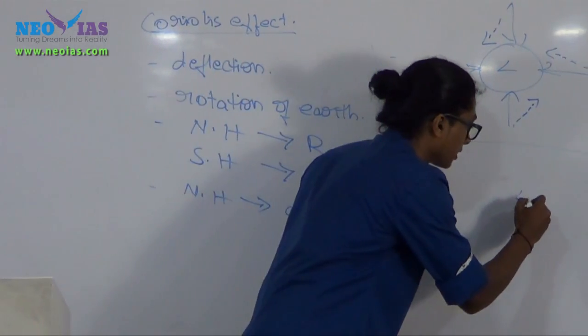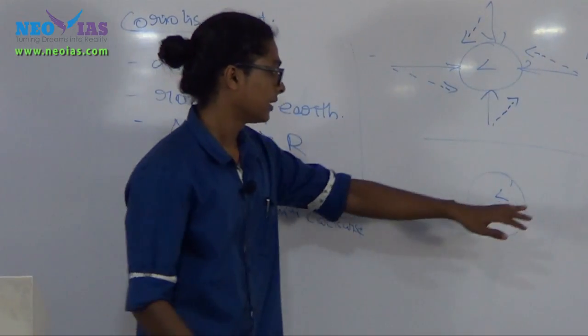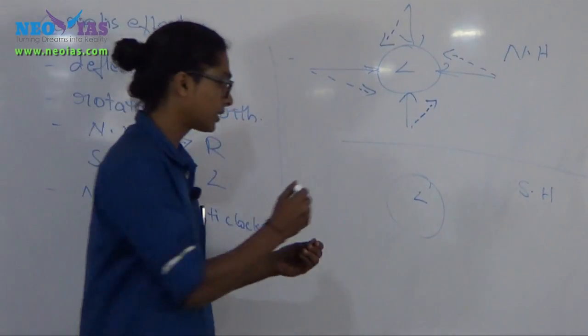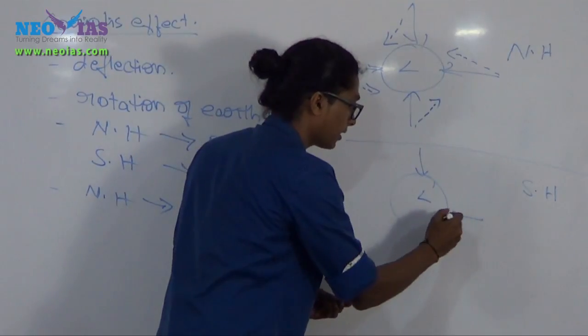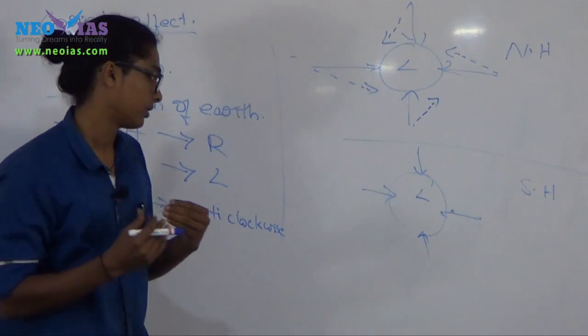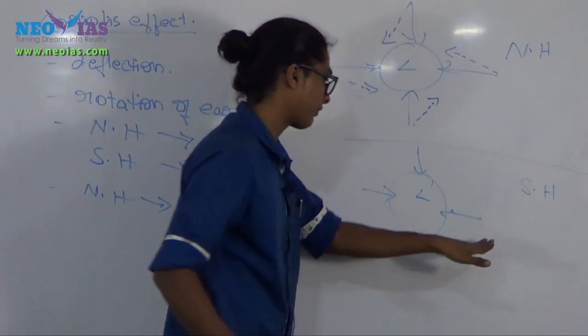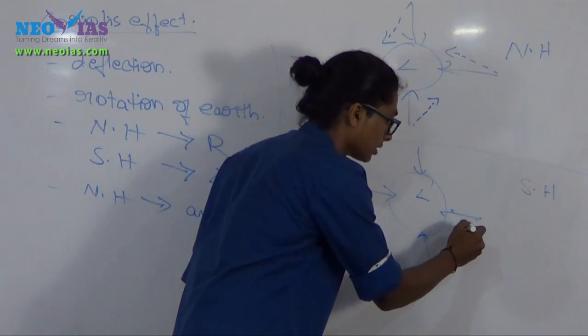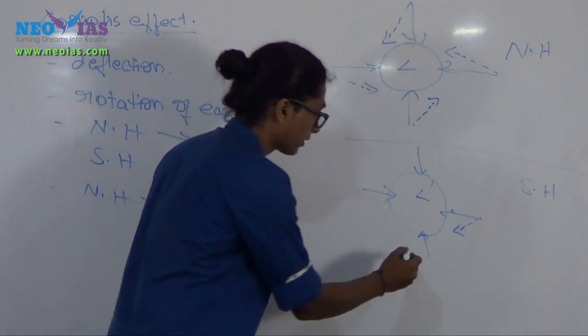Now, consider the low pressure region in the southern hemisphere. Again, the wind will try to occupy this region, right? But in this case, the rotation will be towards the left, say, which is the left of this particular wind. It will be towards this, right? And the left.